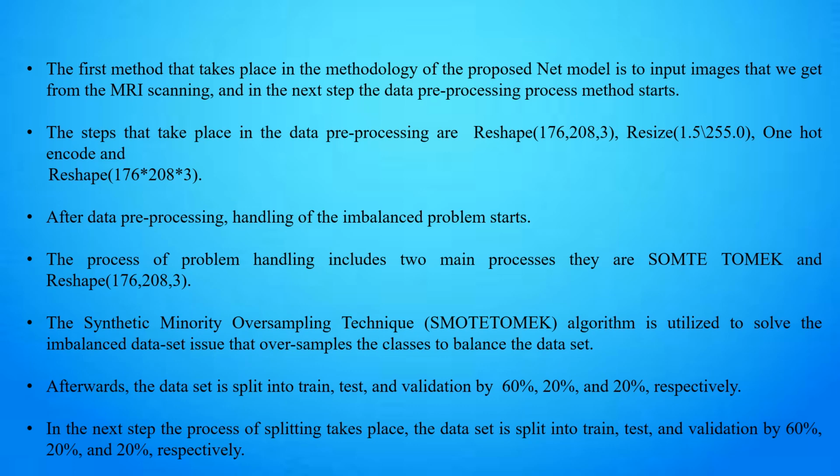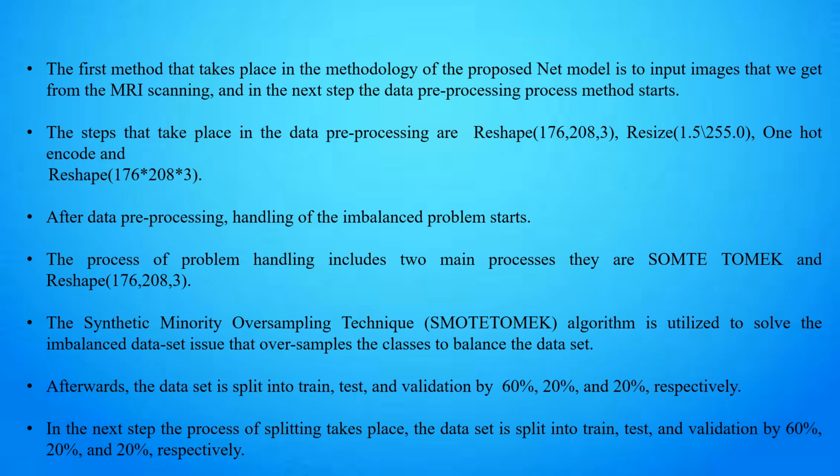The process of imbalance handling includes two main processes, SMOTE and Tomek links, and reshape. The synthetic minority oversampling technique algorithm is used to solve the imbalanced dataset issue by oversampling the minority class.